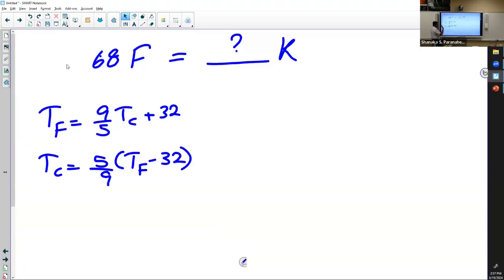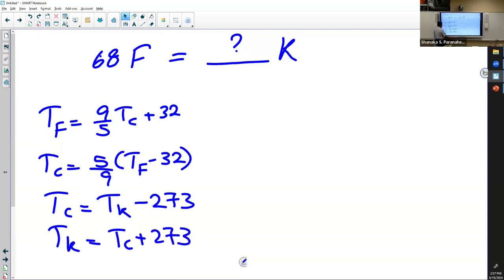You do not need to remember any of these equations, so all four equations will be on the front page. The answer. Actually, good job.